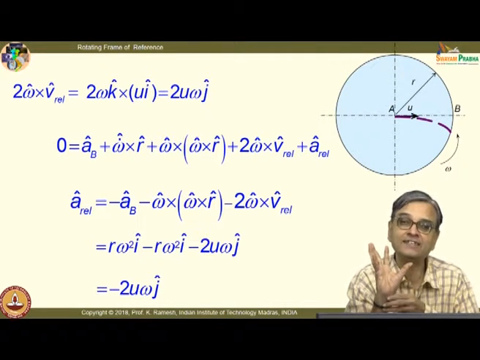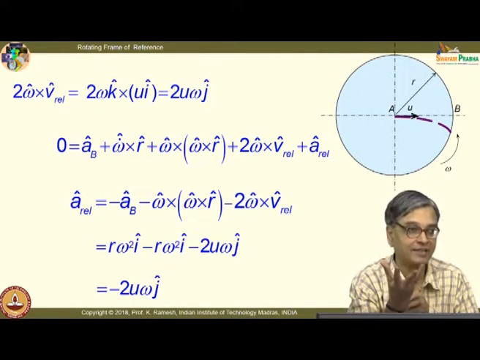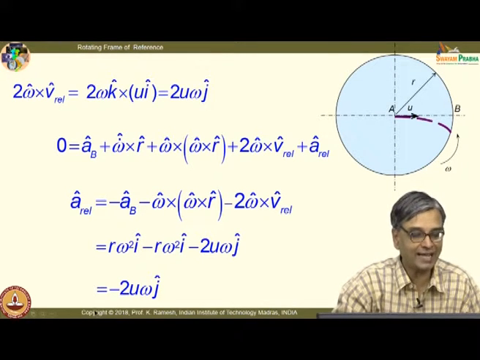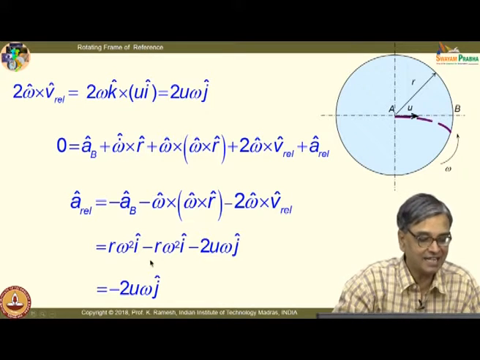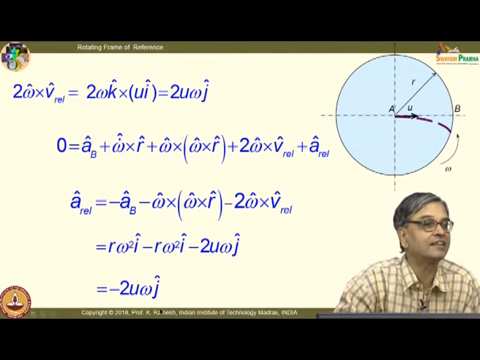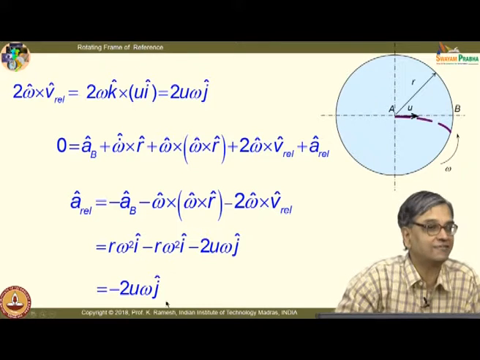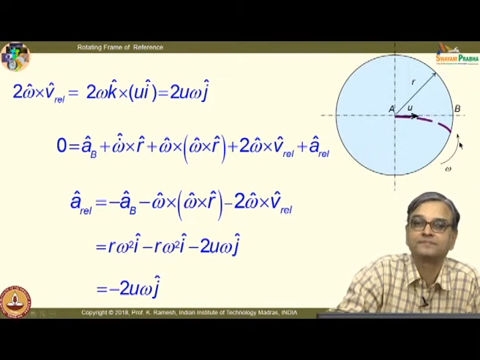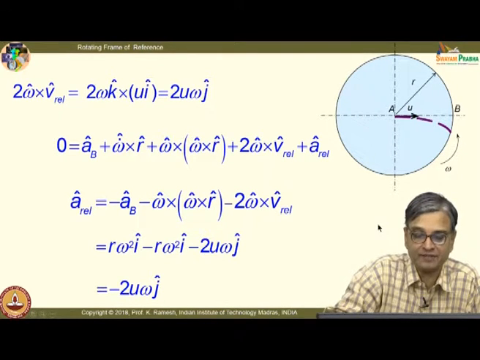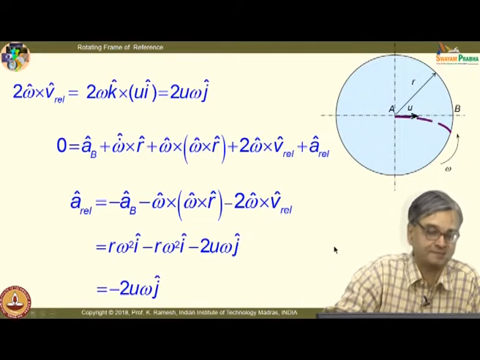Because the person is sitting on a rotating platform and rotating with it, and we are also explicitly calculating the A rel, I see that this is in a constant acceleration field for the entire length. So, this deviates like a parabola. Okay. And this is what is affecting when you observe things from earth.